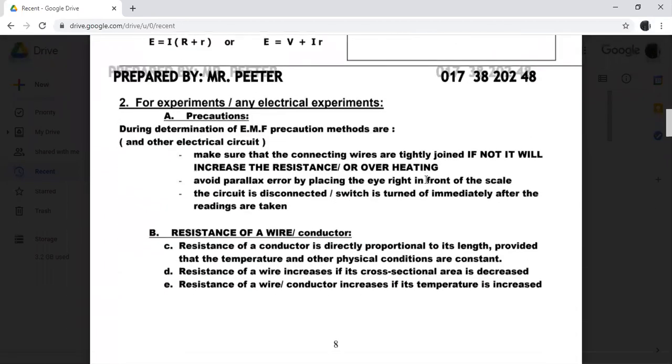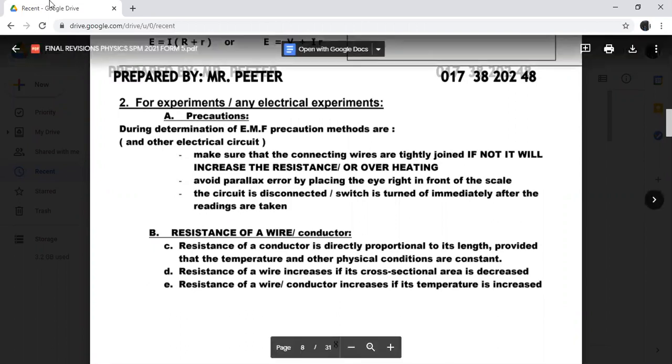If let's say paper 3, question 1 or 2, or even suddenly they change question 4, paper 3, or any questions in section B or C, even the last question 7 or 8 of section A, paper 2, I'm talking about paper 2. For any experiment questions, first thing, precautions.